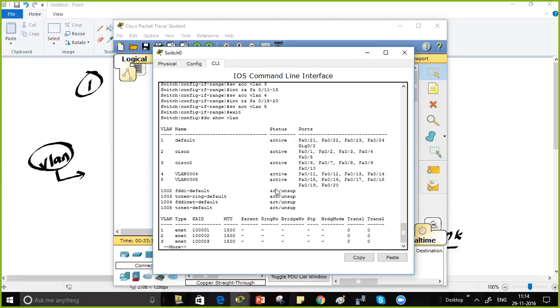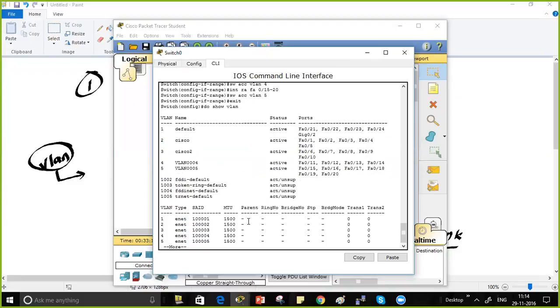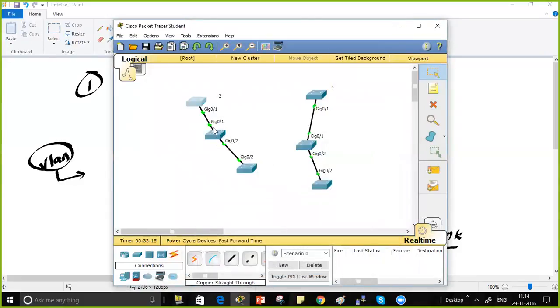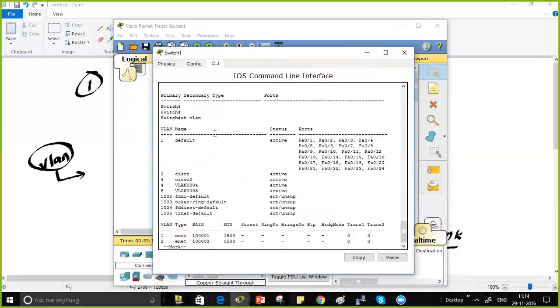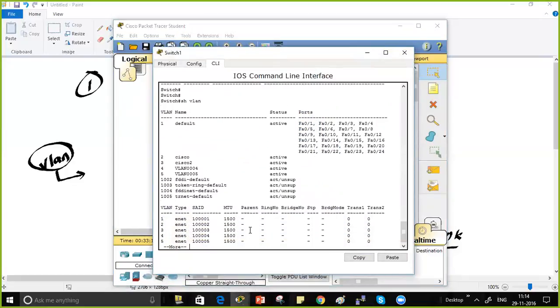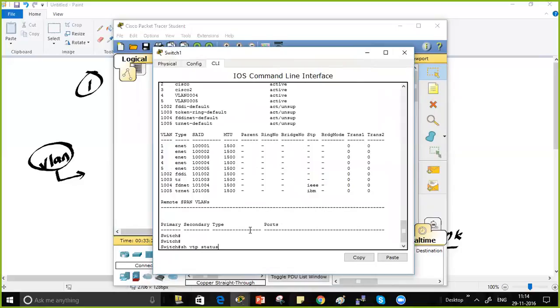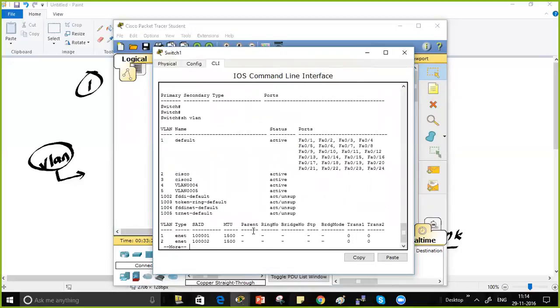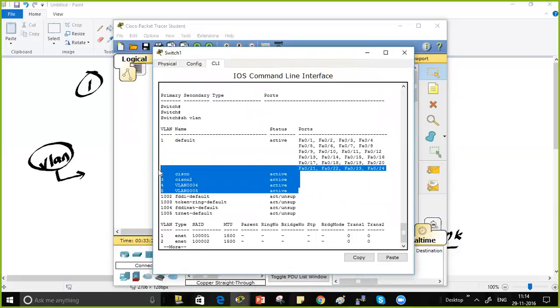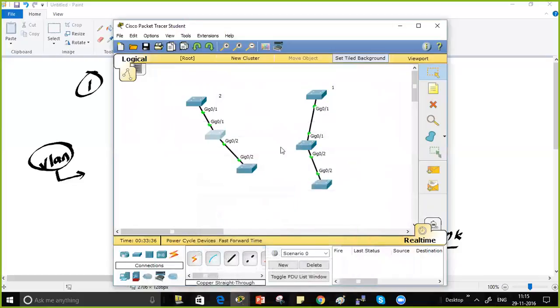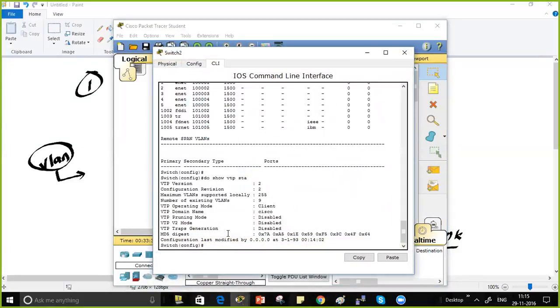But here, if you check VLAN, it will just reflect the VLAN information. It will not reflect these interfaces. Do you understand? Yeah, understood.